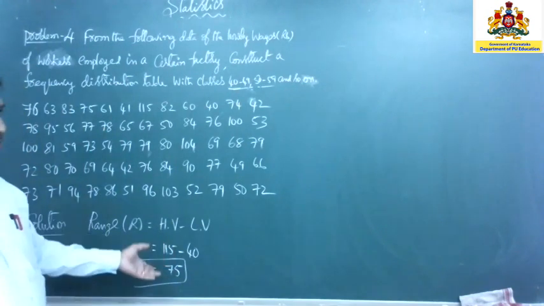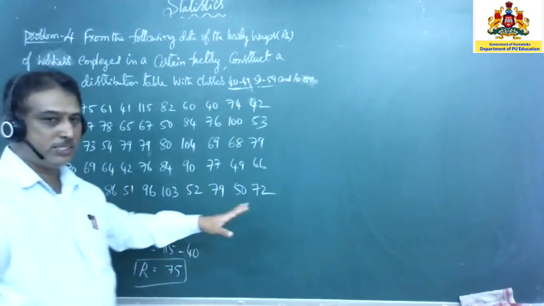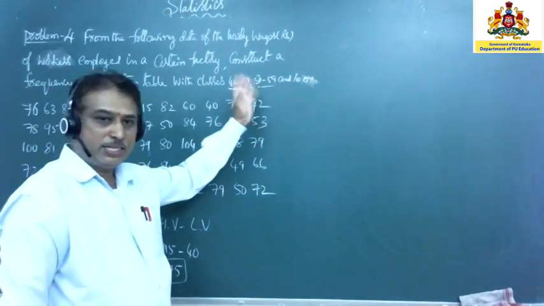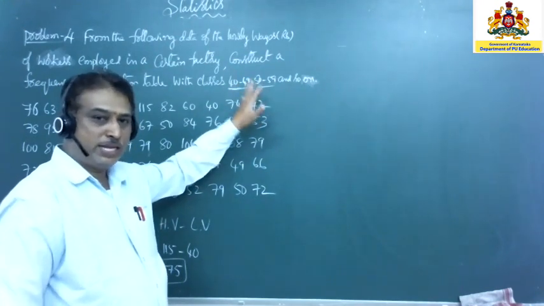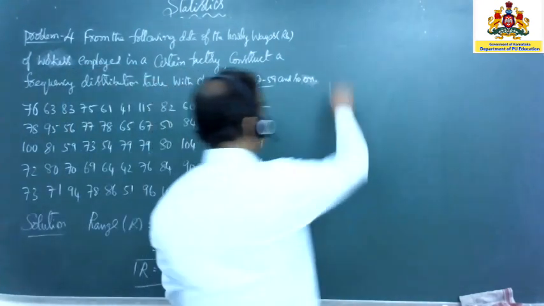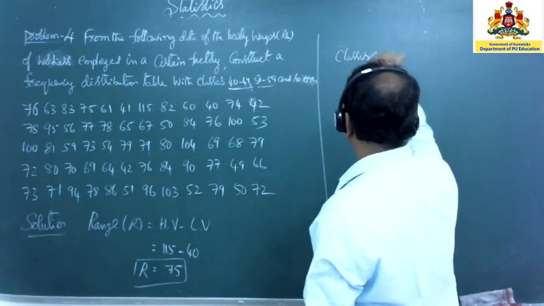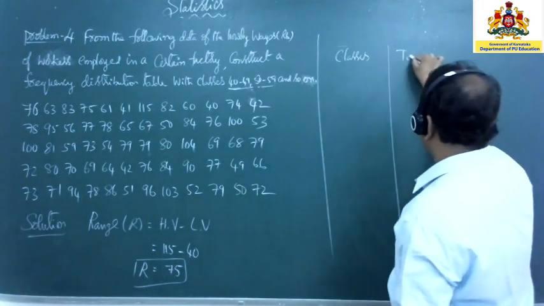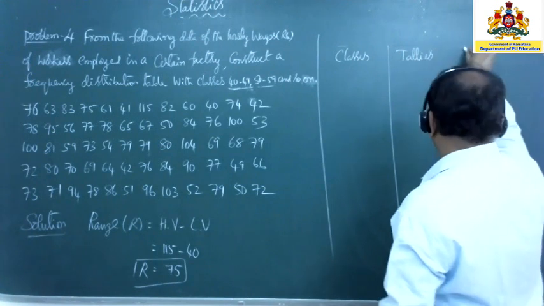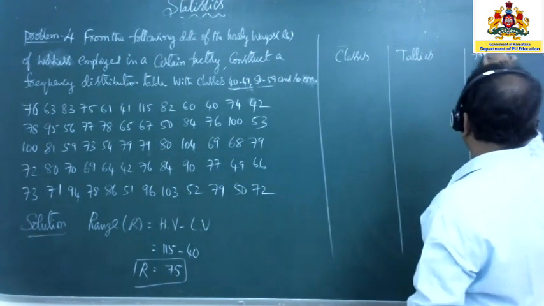According to the highest and lowest value, width is not necessary here. Why? Because they gave the clue. You have to prepare the inclusive type of class intervals. Here: classes, tallies, frequencies.